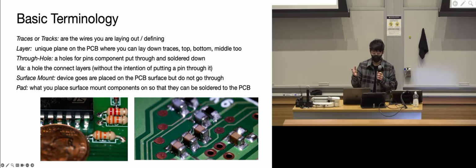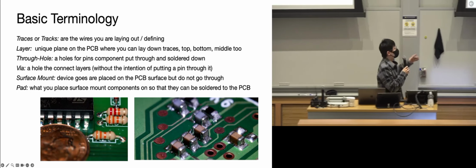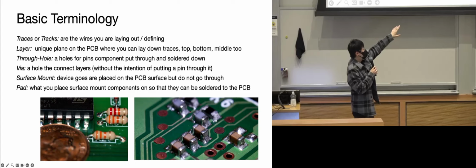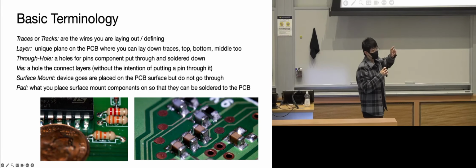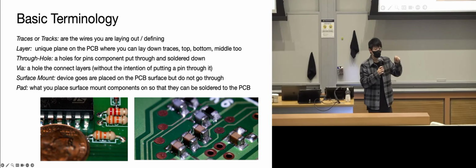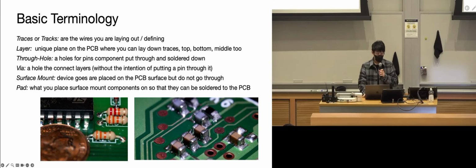So those are the typical use cases for through holes. You could also have through holes so that you can solder dual in-line package components, the ones used for breadboards, onto the PCB as well. Not that common, but if space is not too much of a consideration, feel free to use that. And we also have the via.